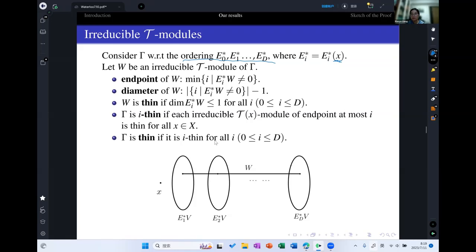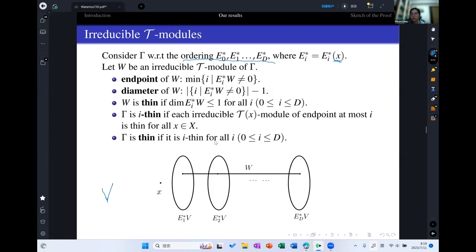And the diameter is the number of non-zero Ei star W minus 1. So we can see this picture. Here we can decompose V into d plus 1 parts.